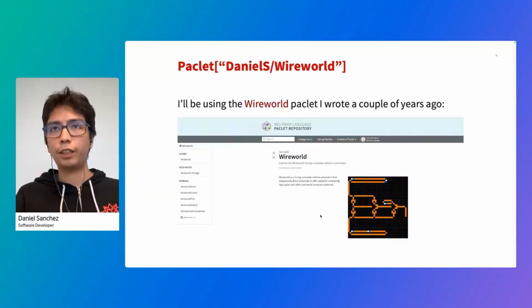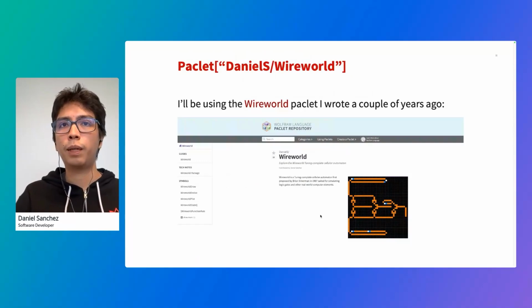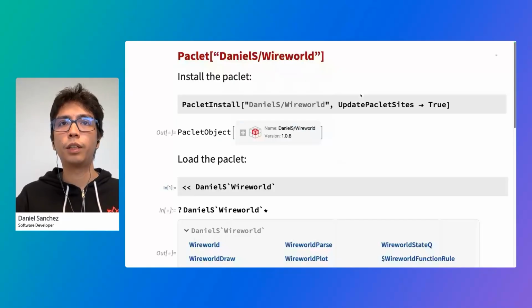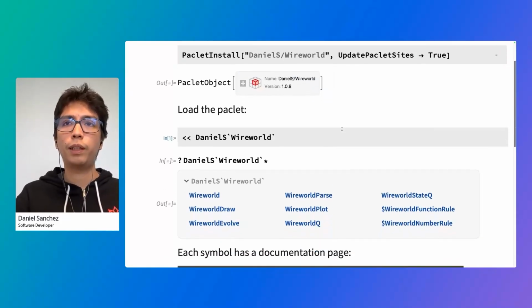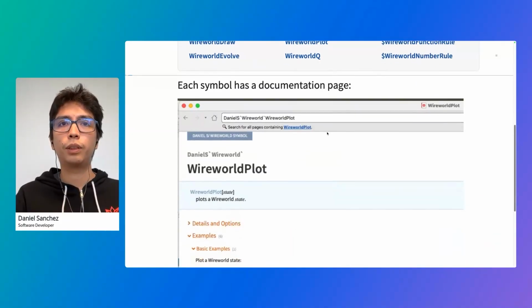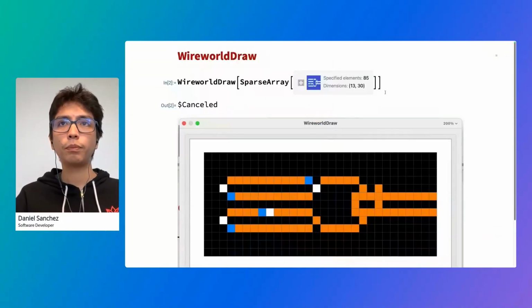A couple of years ago I wrote this paclet, which is in the Paclet repo, and I updated it last night with some new stuff. You can install it and play around with it if you have the notebook. Every page has a documentation page.